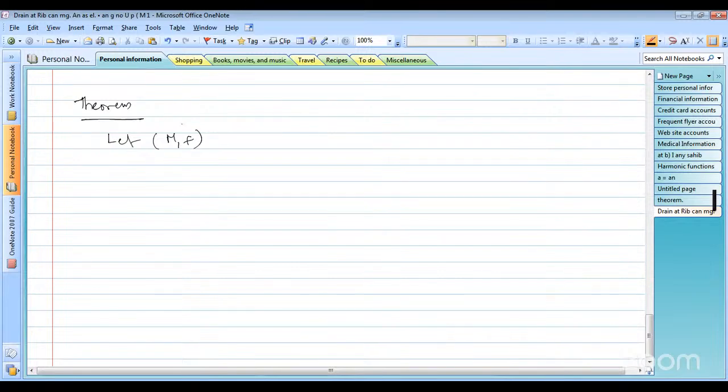Let M, plus, be an abelian group, and let R be any ring. Suppose there is a homomorphism of rings that we are taking here.